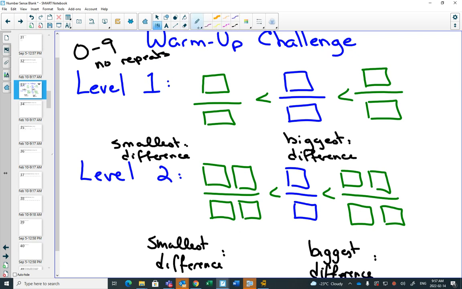What's one that worked? What do you got? 1/4, 3/5, 8/9. Quick check. This is 0.25, this is 0.5, and this is 0.8 repeated. Yes, those are in the right order.